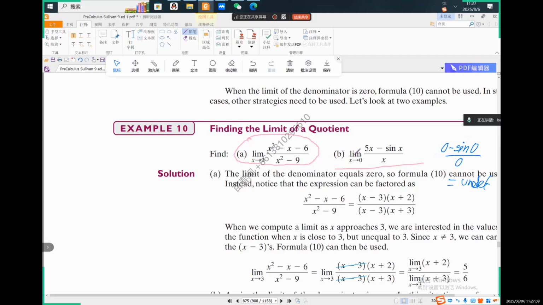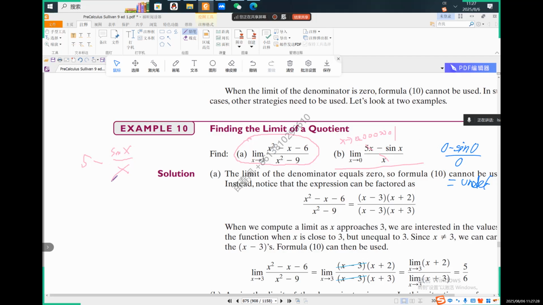For example, I pretend this is also something Newton did, also not very reliable, but generally it works. If x is 0.00001, I can still simplify this to 5 minus sine x over x.